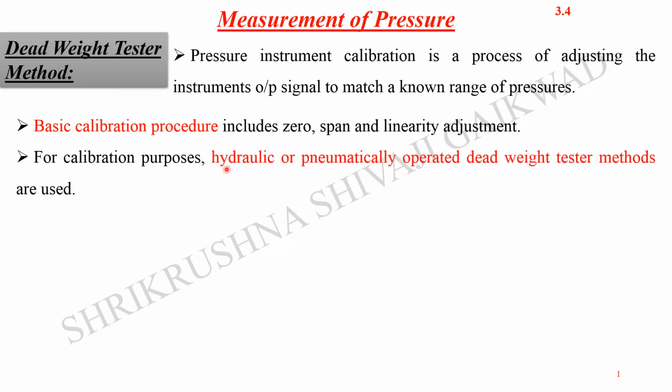For calibration purposes, generally hydraulically or pneumatically operated dead weight tester methods are used. In hydraulic ones, fluids are used for controlling the pressure, or pneumatically, air is generally used for applying the pressures.